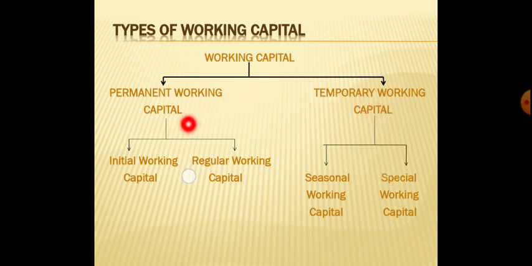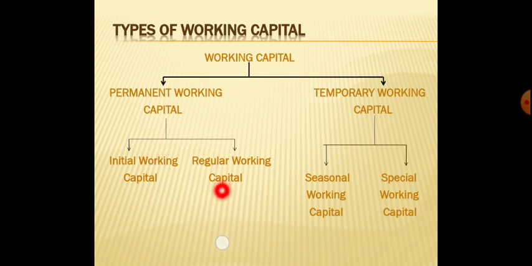Now, permanent working capital is subdivided into initial working capital and regular working capital. From the name itself, initial means from the starting period of the business, or from the commencement of the business. That is, in the initial stage when the business invests money in purchasing current assets, that capital investment is termed as initial working capital.